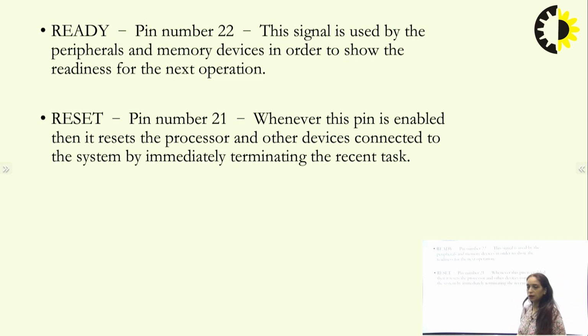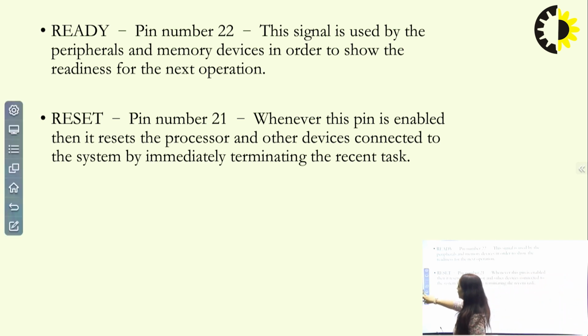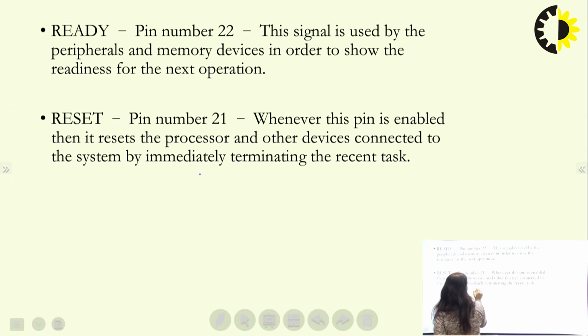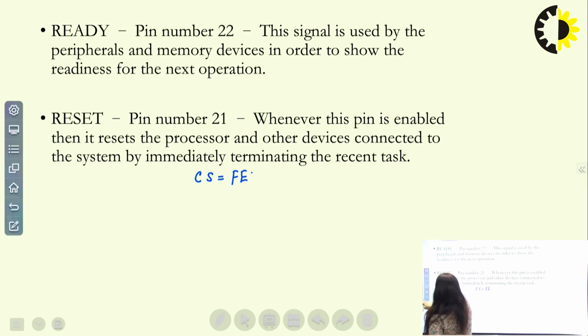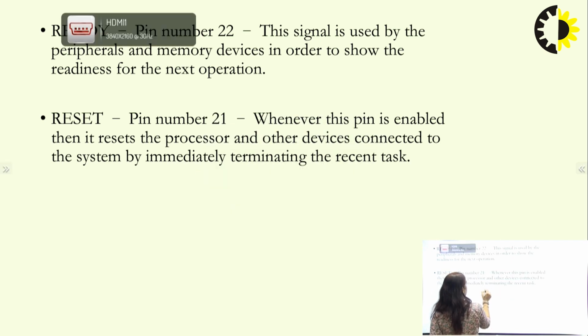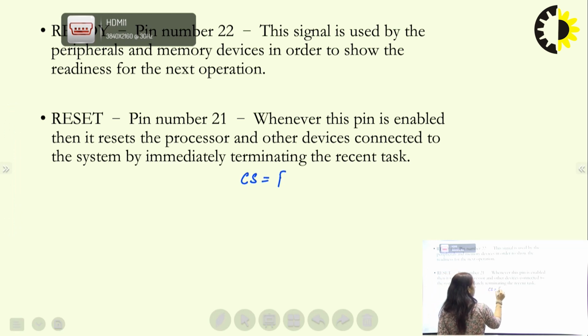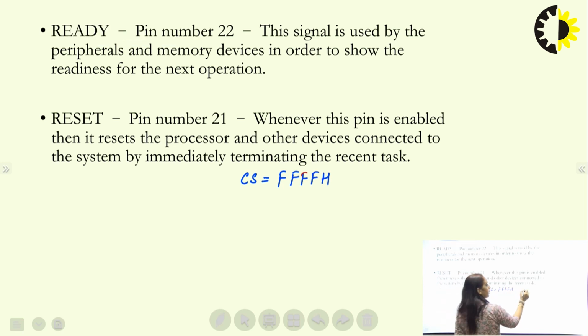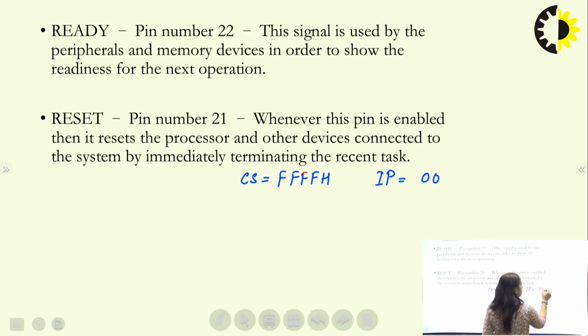So whenever this reset pin is activated, the contents of the code segment will be initialized to FFFFH, and with the code segment we have the associated instruction pointer, which works as an offset register. The content of this instruction pointer will be initialized to 0000H.